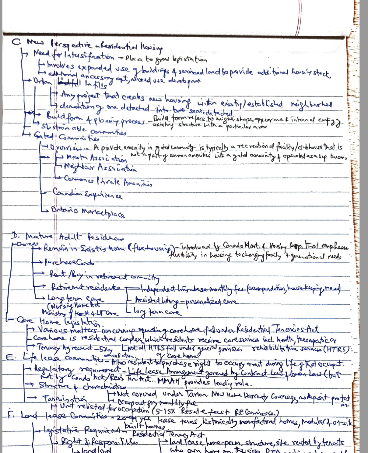A care home is generally described as a residential complex in which the residents receive care services including health, therapeutic, and rehabilitation services that assist with daily living activities. The regulation sets out the range of such services as a guideline, including nursing care, assistance with bathing, feeding, dressing, ambulatory and personal hygiene assistance, and personal emergency response services.